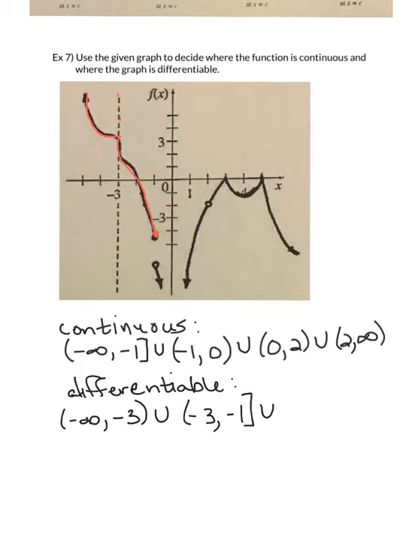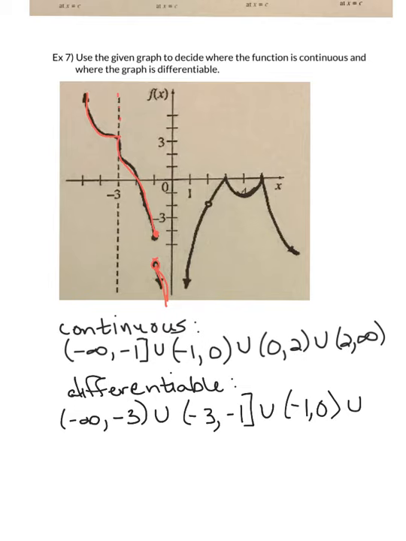But on the other side of negative 1, where it's open, there would not be a derivative. So we're going to put parentheses, negative 1, and then we take another break. We're not going to be continuous there. So from negative 1 to 0, we do have derivatives, but once we hit 0, there is not a derivative.